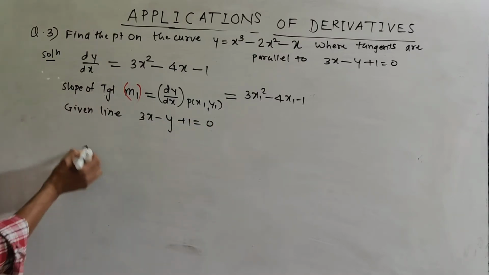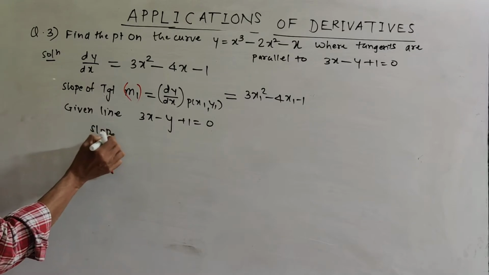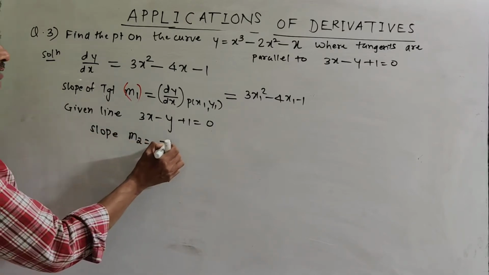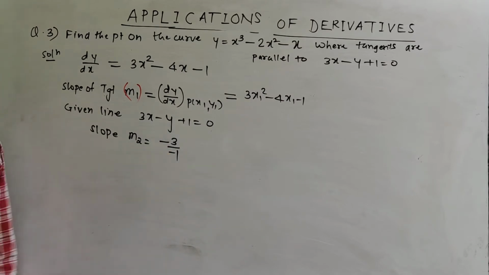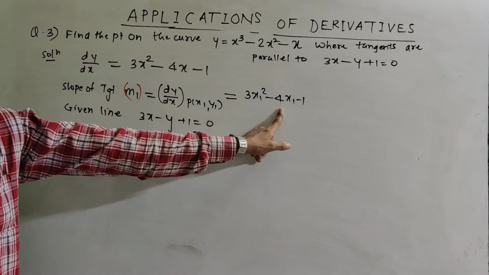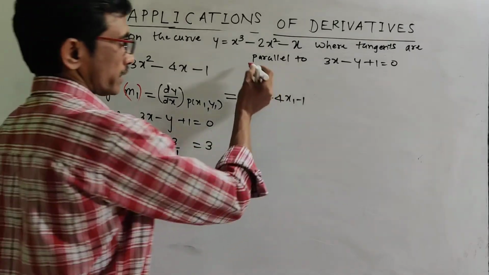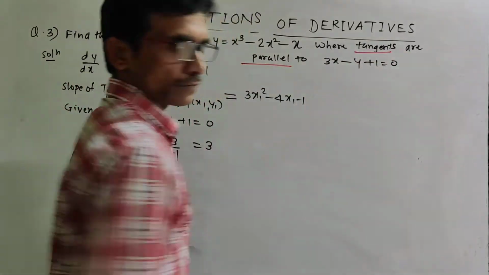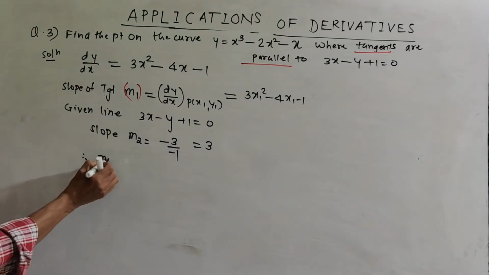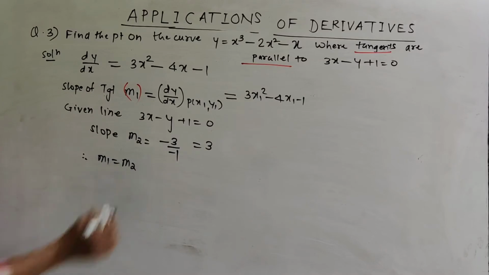So the slope of this line m2, say it is minus 3 upon minus 1, that is equal to 3. Now this slope and this slope are equal because the tangent is parallel to the line, therefore slopes are equal. m1 is equal to m2 because the line and tangent are parallel.